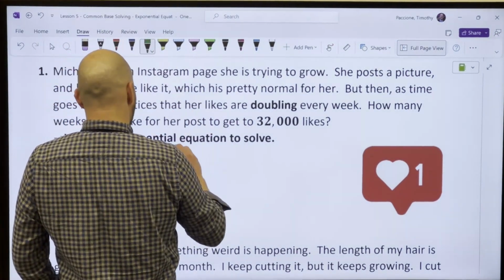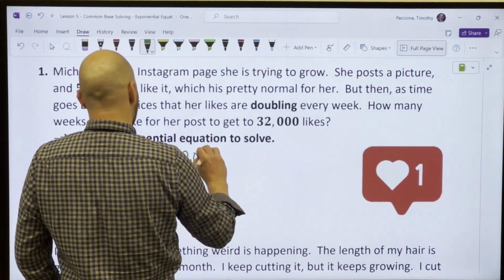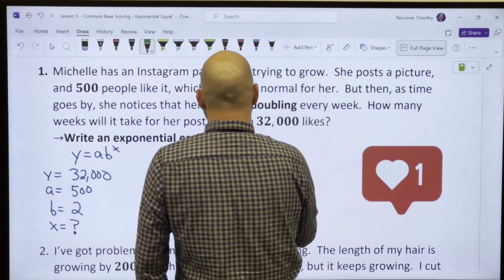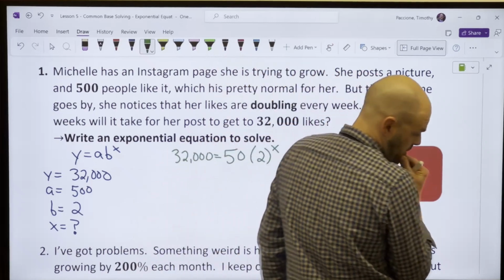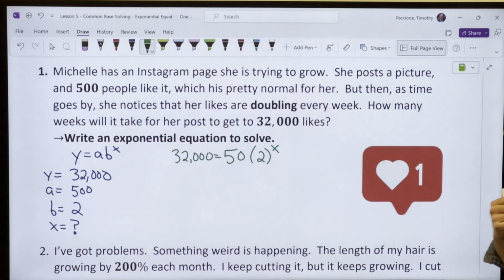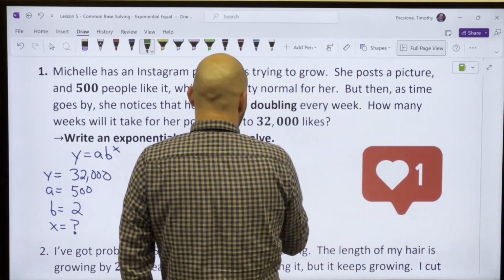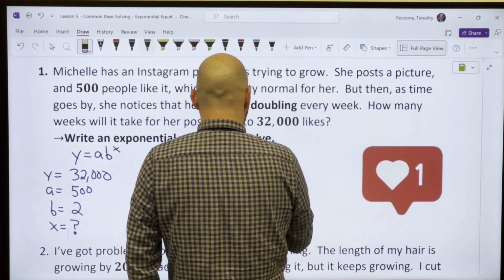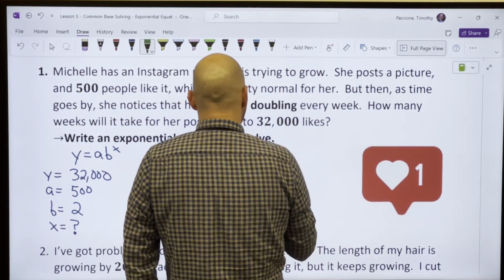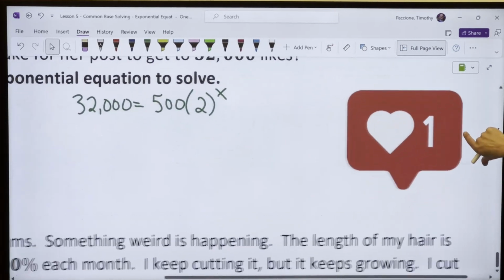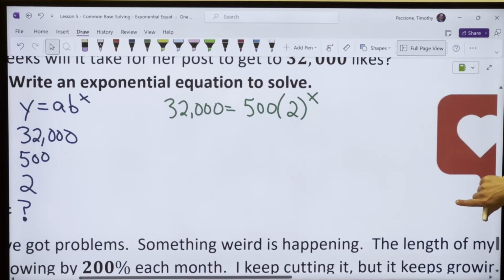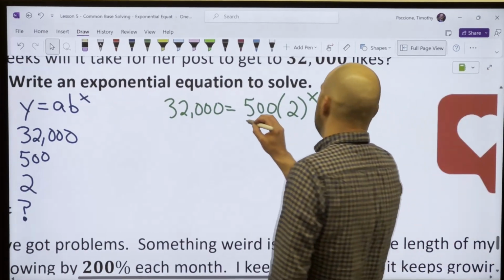So now we plug in. I say 32,000 equals 500 times 2 to the x. Now, what do I do? Divide by 500.